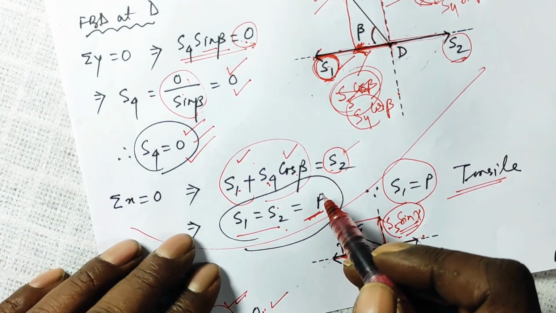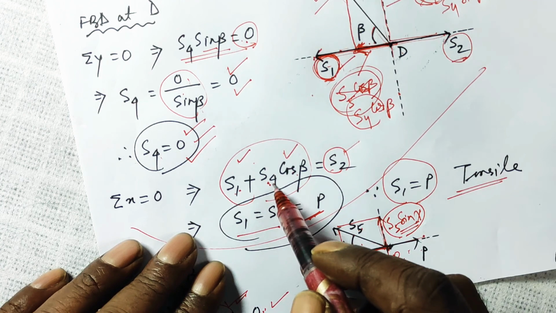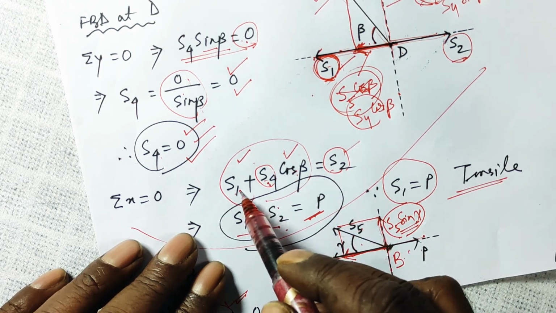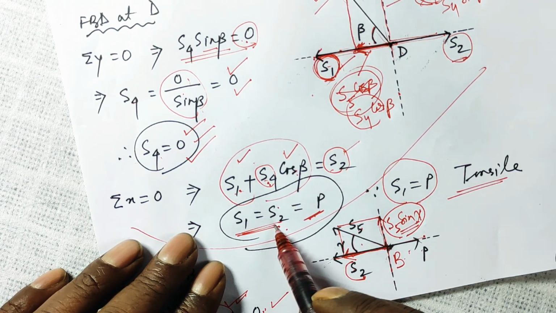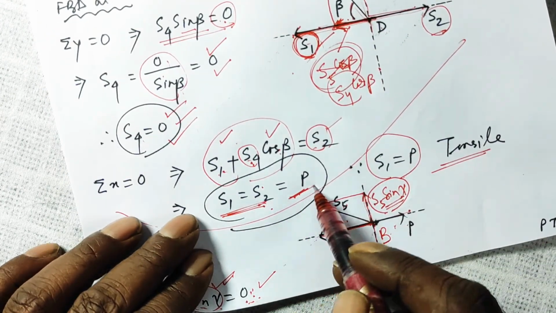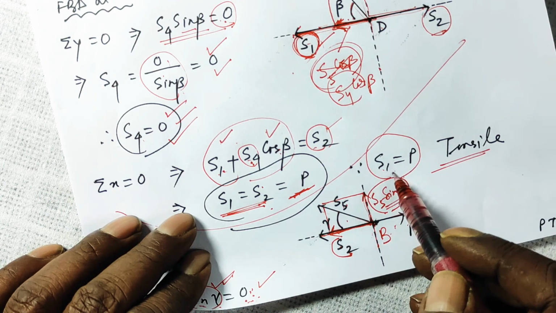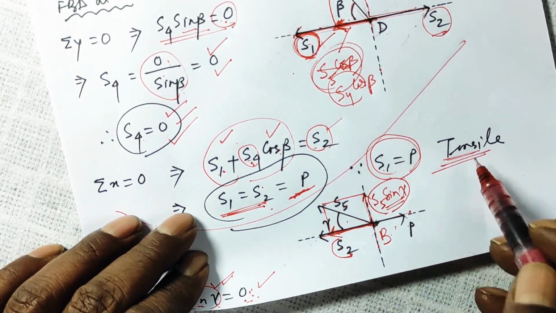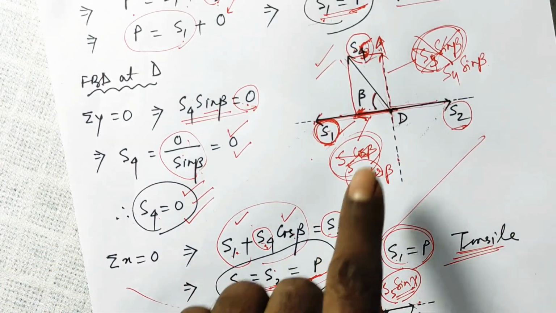Now since S4 is 0, 0 into this thing is 0, so S1 is equal to S2, and since S1 was equal to P, your S2 is also equal to P, so S1 is also P, and the force is tensile.